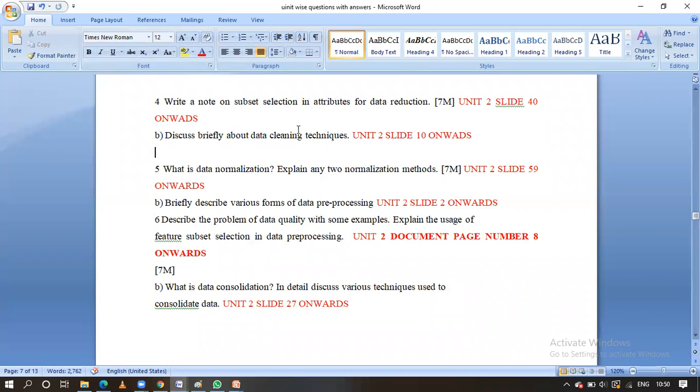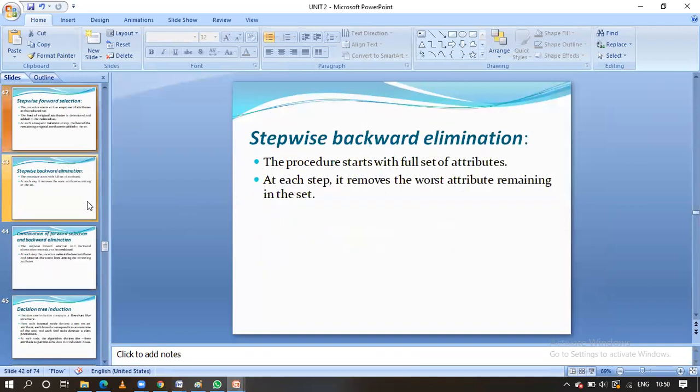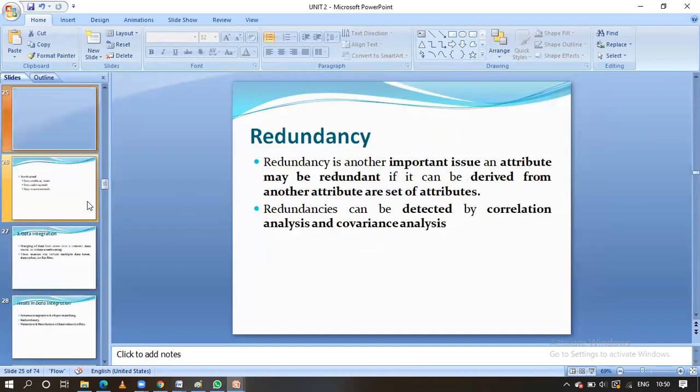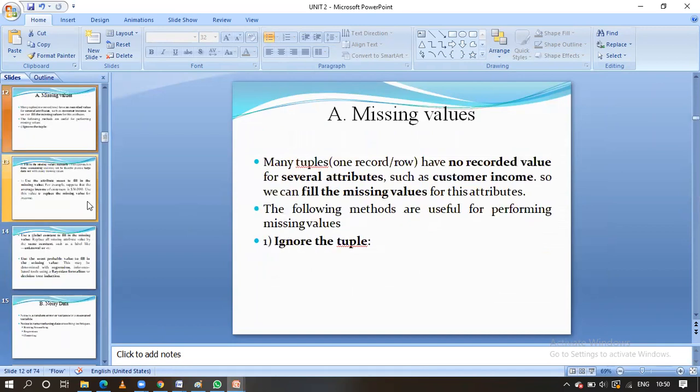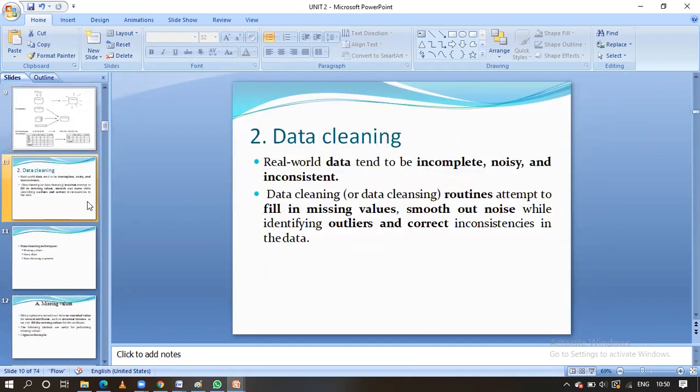After that, data cleaning techniques. Let us go for that, second unit, slide 10 onwards. Data cleaning, guys.